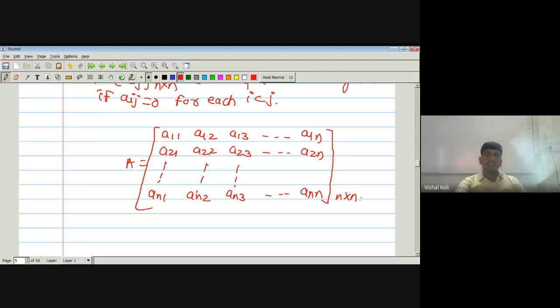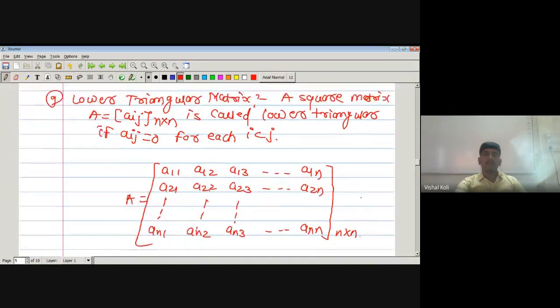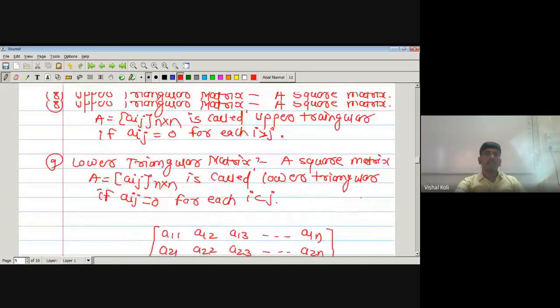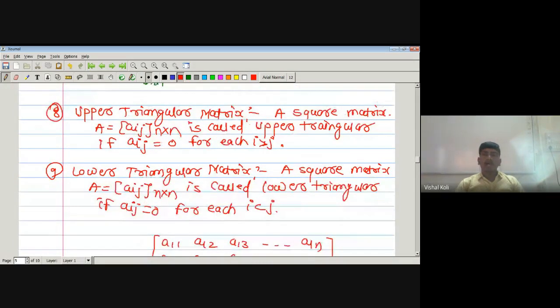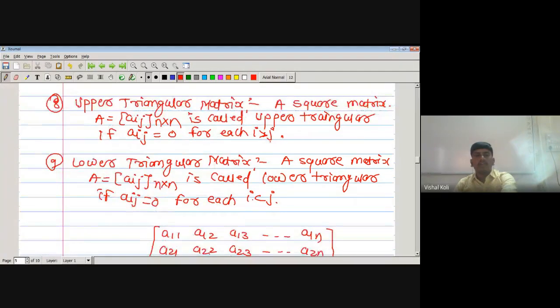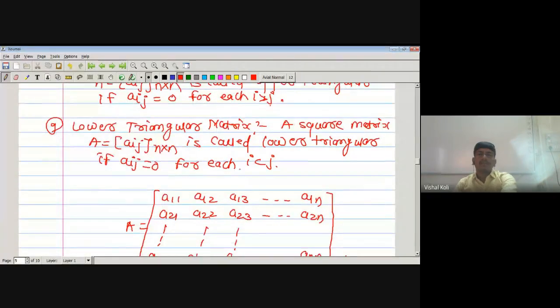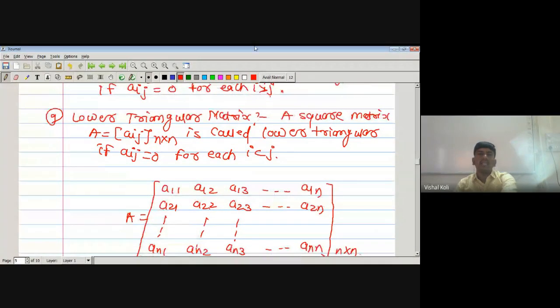So this matrix is said to be upper triangular or lower triangular. It is said to be upper triangular whenever aij will be equal to 0 for each i greater than j, and it is said to be lower triangular if aij will be equal to 0 for each i less than j.